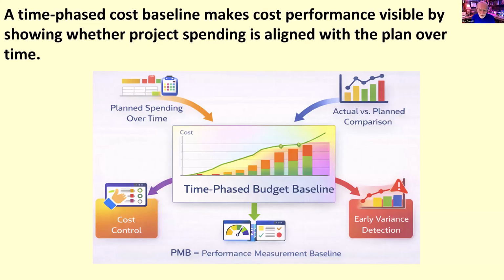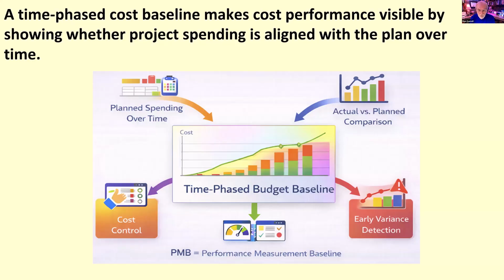This is important because cost problems often begin as timing problems, sequencing problems, or variance patterns before they appear as a final budgeting problem. A time-phased budget helps surface those patterns earlier and supports a more informed corrective action. It also provides a broader performance measurement. In many project environments, especially those using earned value concepts, the approved time-phased budget contributes to what's often called the performance measurement baseline, or the PMB.